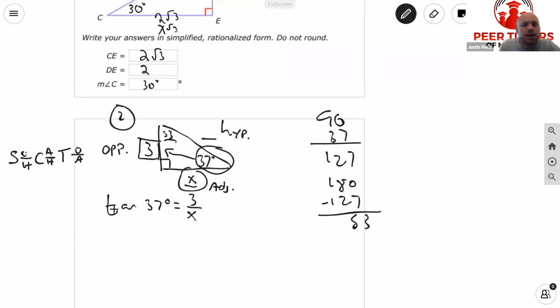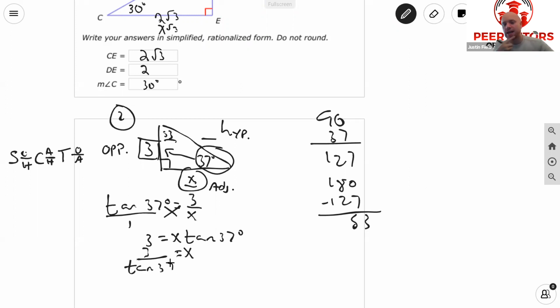So whenever I solve for x, I just put that over 1 and cross multiply. 3 times 1 is 3, and x times tan 37 is x times tan 37. And then in order to get x by itself, we divide both sides by the tangent of 37.